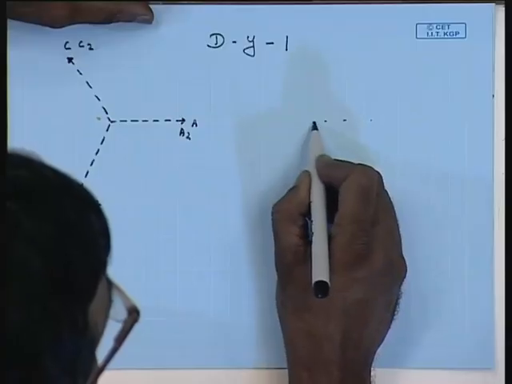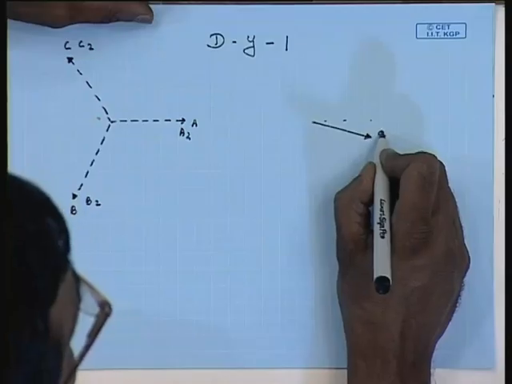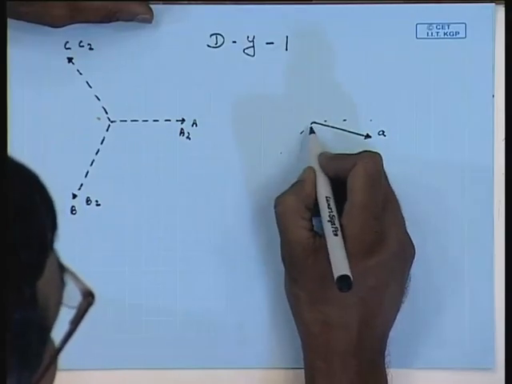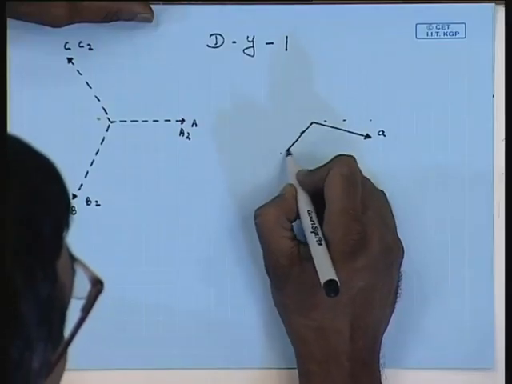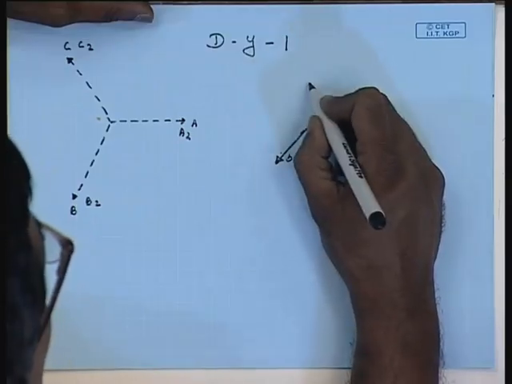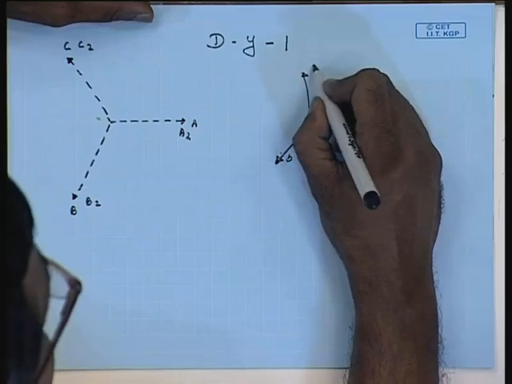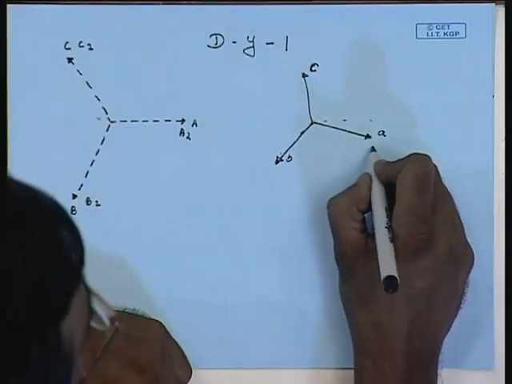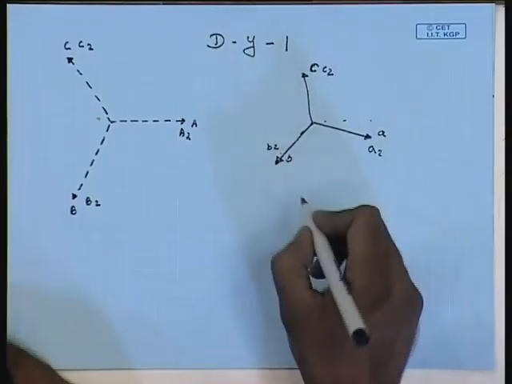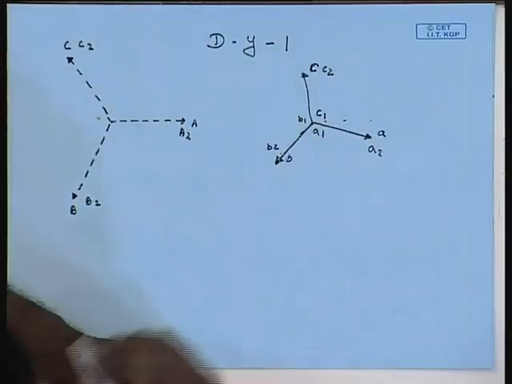So, this should be A, this should be B, and this should be C. Similarly, let us say these are A2, B2 and C2. Then obviously, these are A1, B1 and C1.